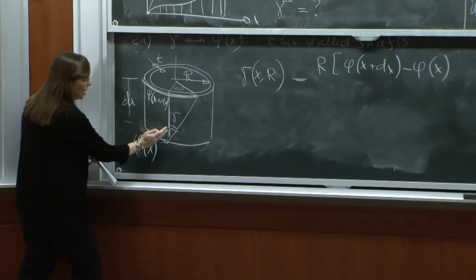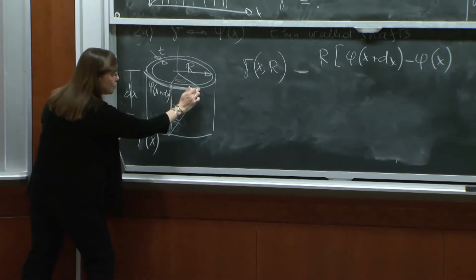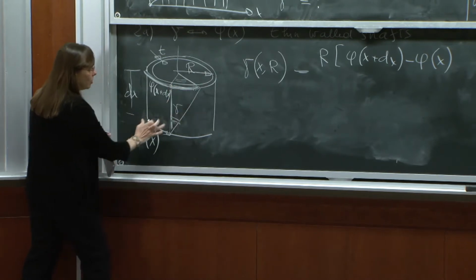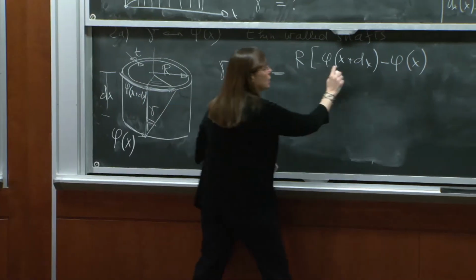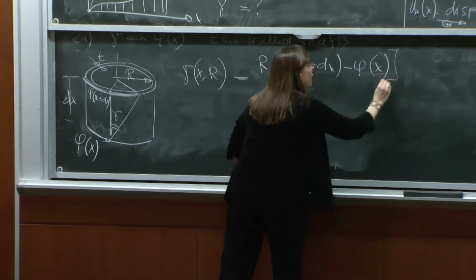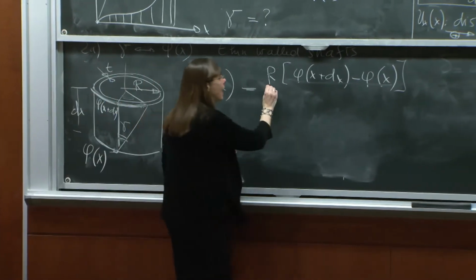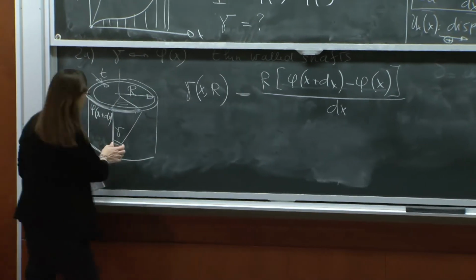This angle here, up to here, is phi of x. This is phi of x plus dx. So this angle here is the difference, phi of x plus dx minus phi of x. If I multiply by the radius, I get this length. If I divide this length by the height, dx, I get this angle here.